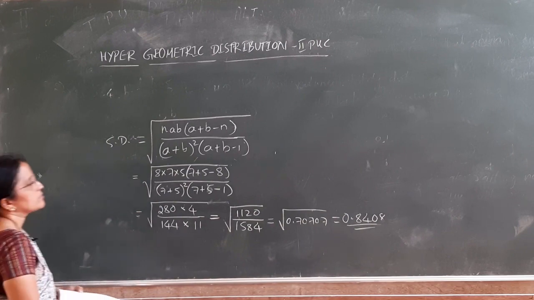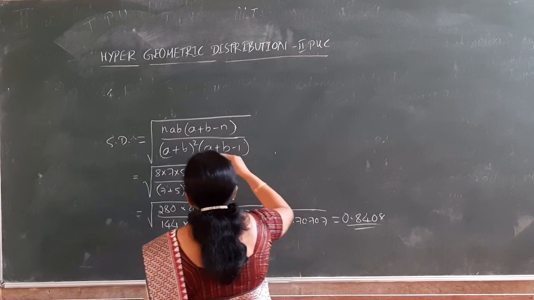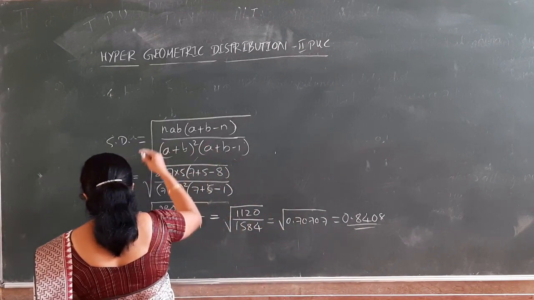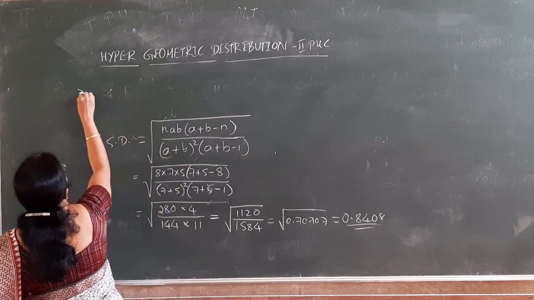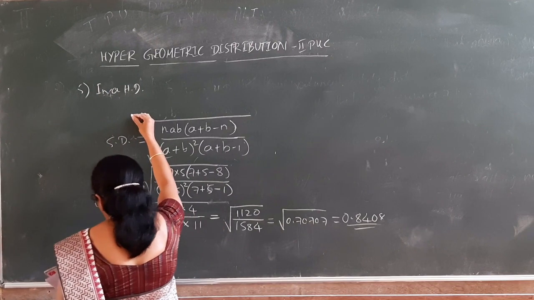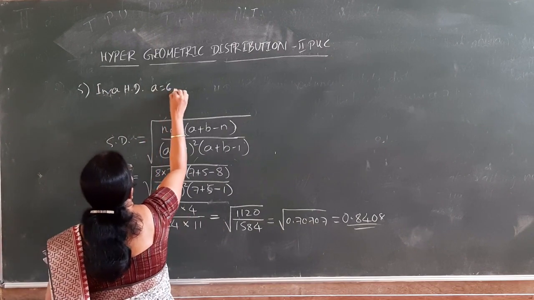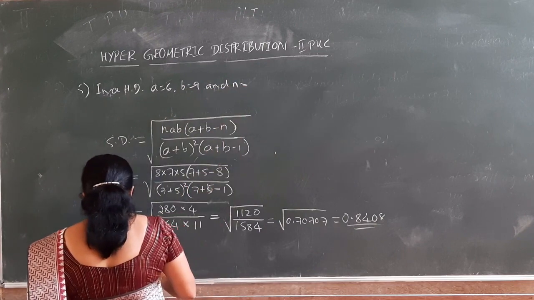Problem number 5. In a hypergeometric distribution, A equal to 6, B equal to 9 and N equal to 4.